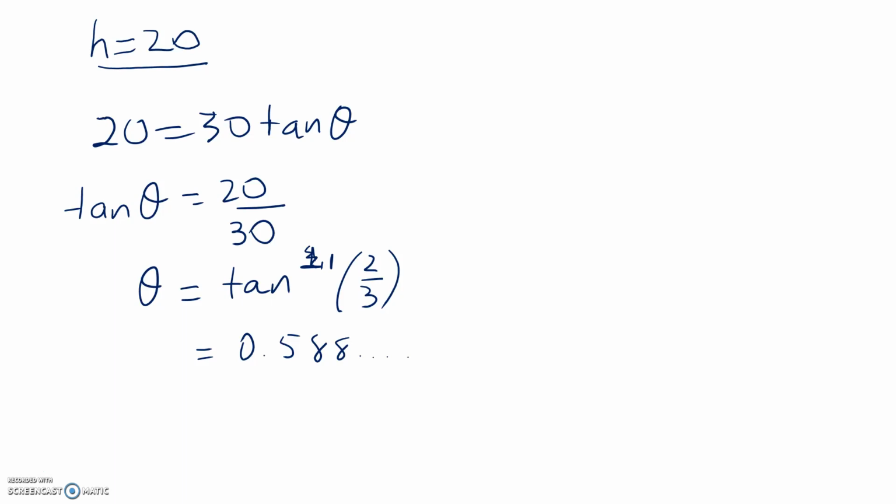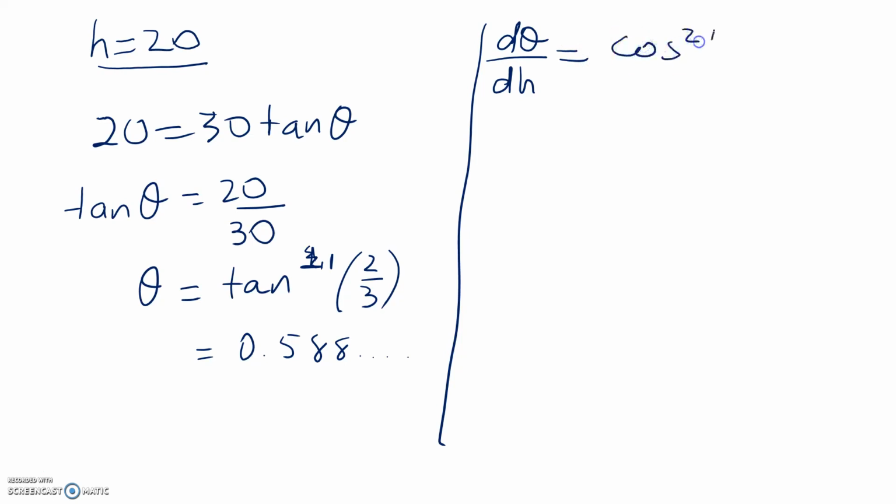And now we need to find d theta by dt. So d theta by dt, we worked out on the previous slide, was equal to cos squared theta over 15.